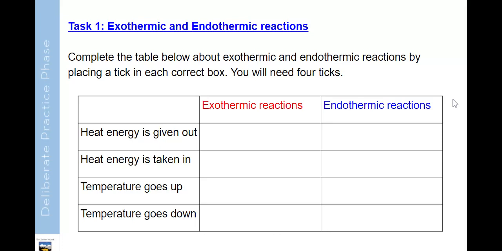So your first task on your student worksheet for your deliberate practice is to complete the table below about exothermic and endothermic reactions by placing a tick in each correct box. You will need 4 ticks in total. So pause the video, go and complete task 1 on your student worksheet, come back for your answers.